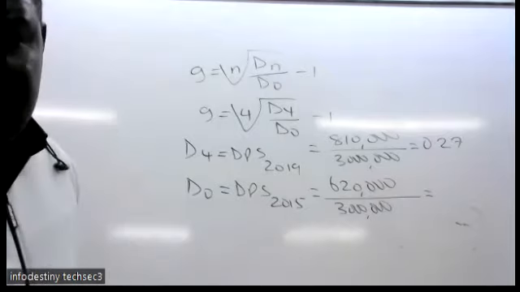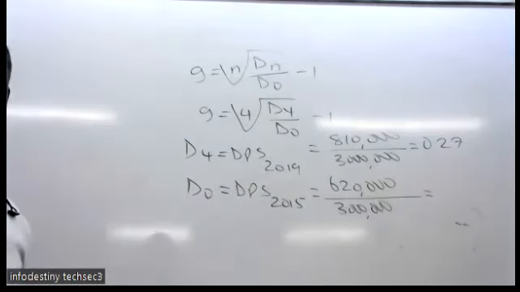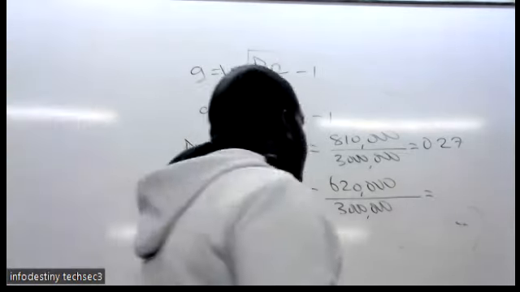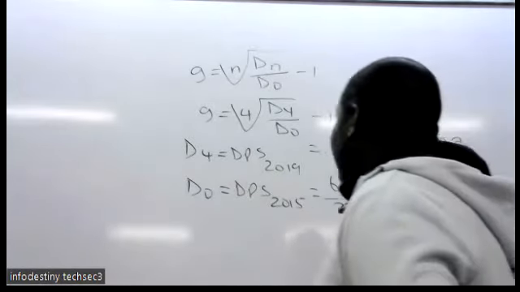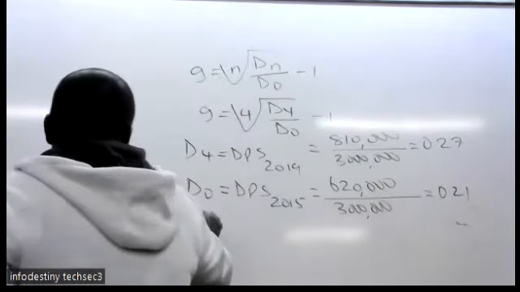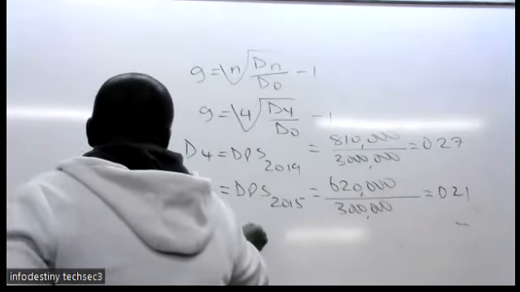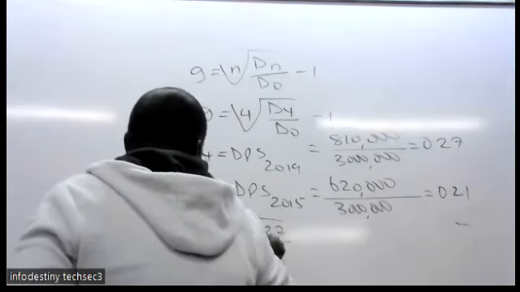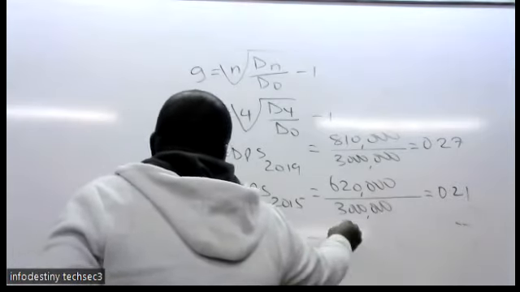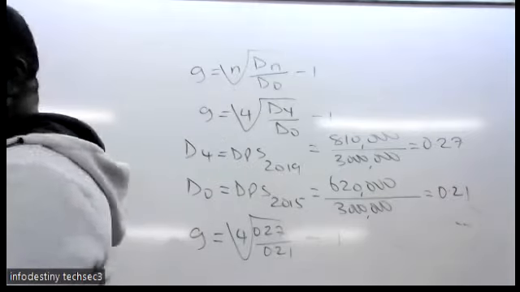So that should give you 0.21. So now from there, you get your G. It will be the fourth root of 0.27 divided by 0.21, then you subtract 1.